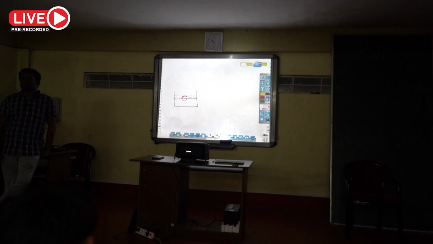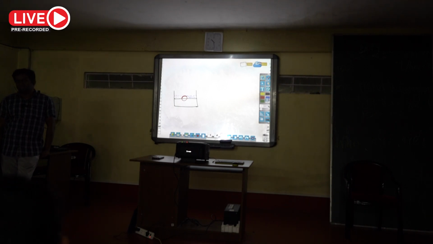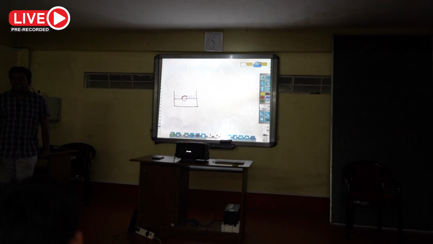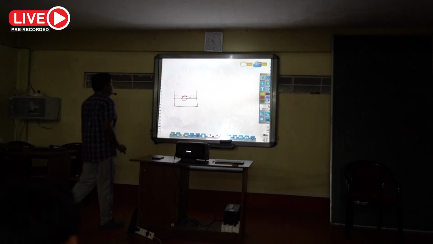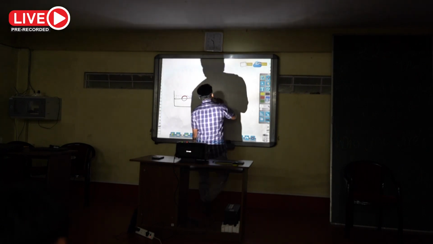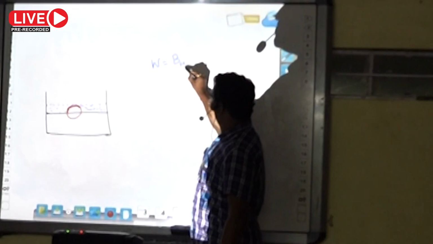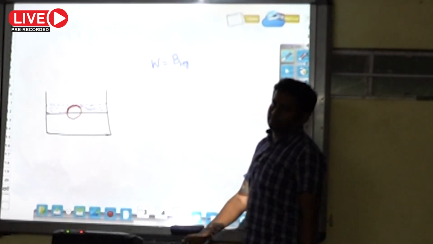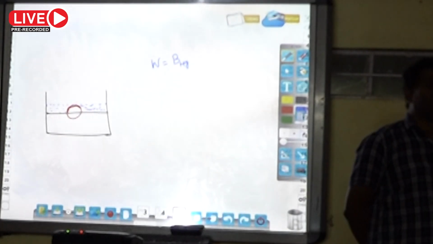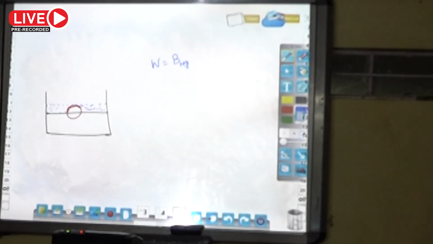Weight is balanced by the buoyant force given by mercury initially. So initially we can write W will be equal to B H G, because the buoyant force produced by mercury will balance the weight, that's why the sphere will float.